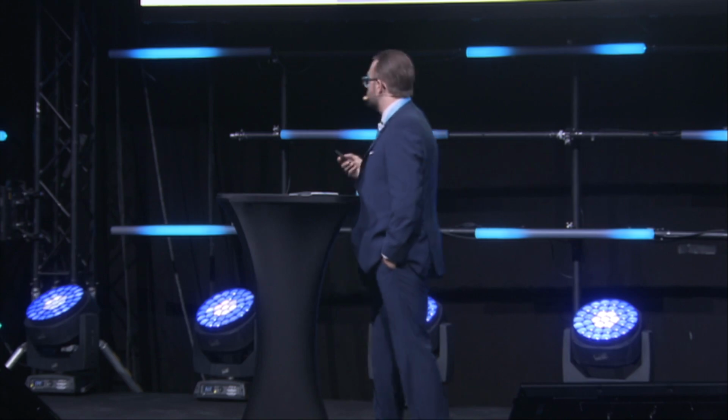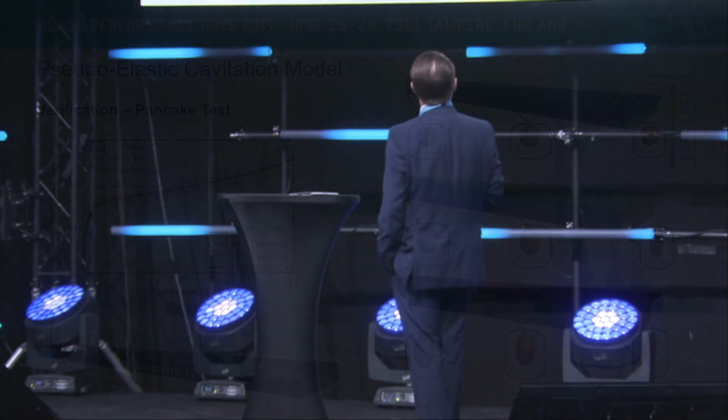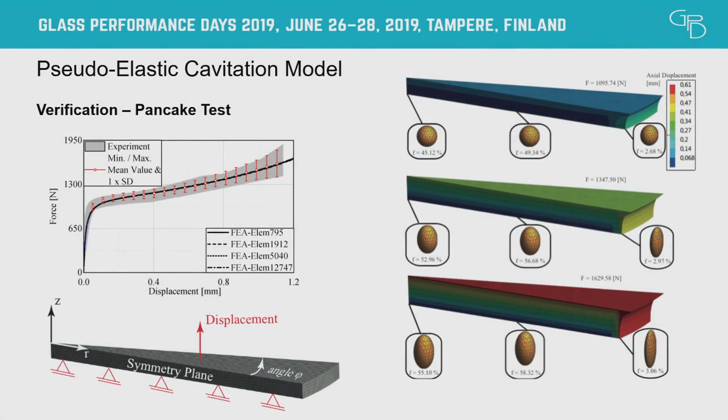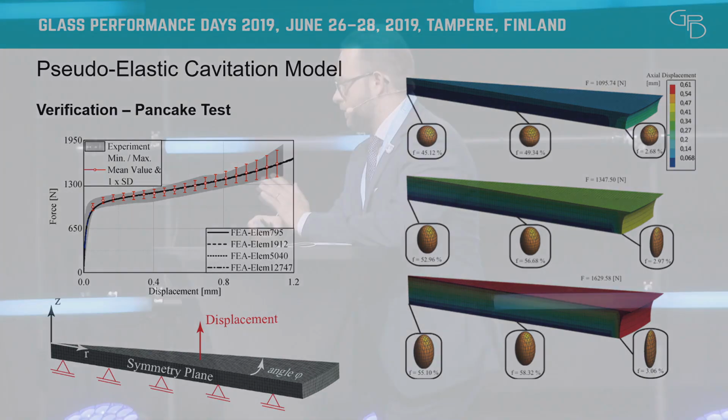What's new is that we also want to model the pancake test, and this is what happens here. We modeled the pancake test with a diameter of 20 millimeters, I think. In this kind of test, we have void growth and softening. Normally, if you use commercial finite element programs, you are not able to reproduce this kind of softening behavior.